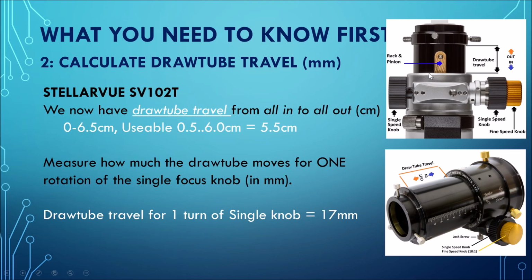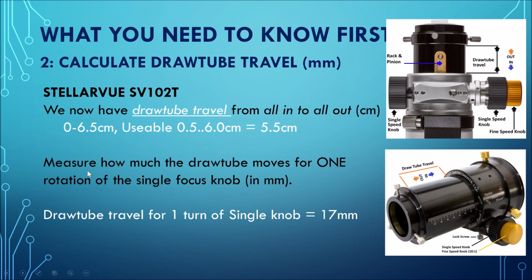Right, so here we've got an example for a Stellarview SB102T, which is one hell of a fine scope. We measure the draw tube, and the draw tube goes from 0 to 6.5, it's rack and pinion, which gives us a usable travel of 5.5 centimeters to work with.